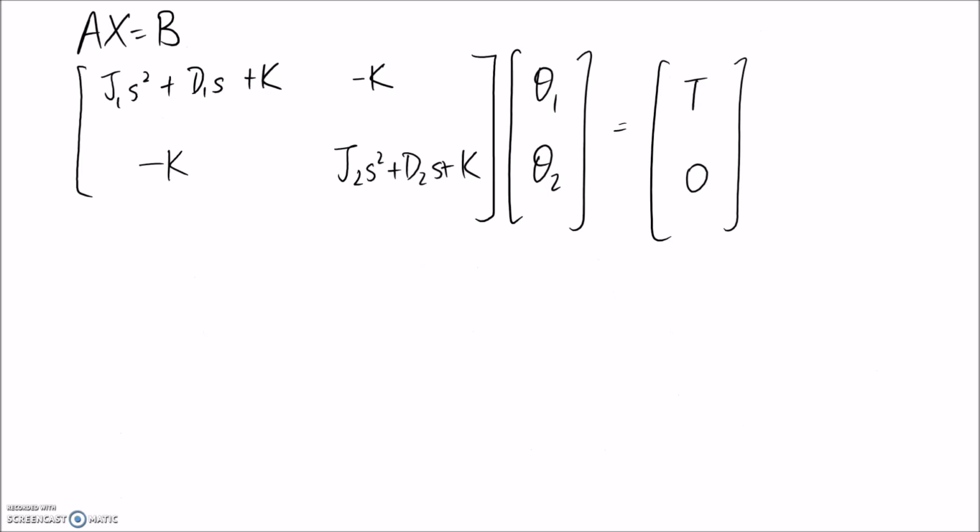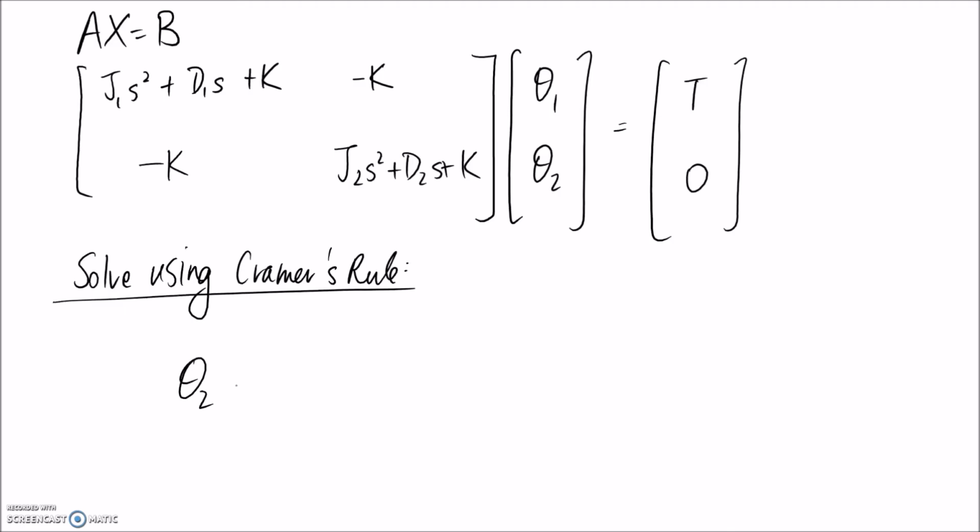Okay, so getting back to solving this, what we want to get out is theta 2 divided by t. So using Cramer's rule, we can get that from our matrix. We're going to solve for theta 2, since that's what we want inside our equation, and what we need to develop is our two determinants.